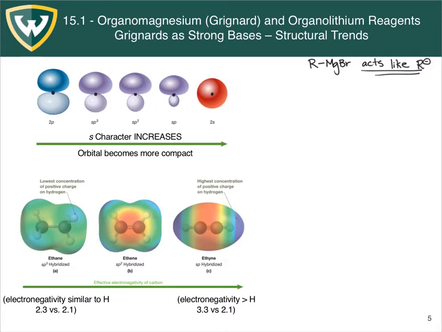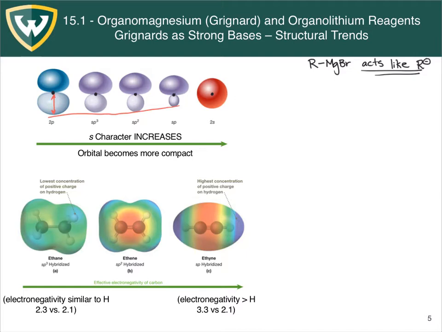It's easiest to see that on the small lobe side of this orbital, so I'm just going to go ahead and highlight that for you in red. Overall, the distance between the nucleus and the outer edge of the orbital is increasing as the s character decreases, with the largest distance being at the 2p position.